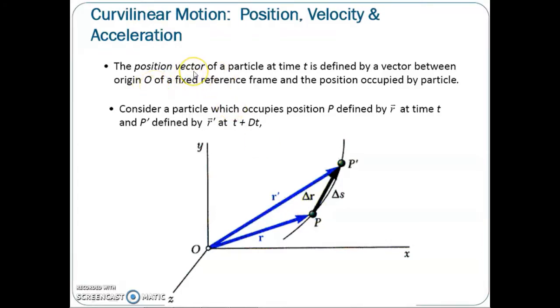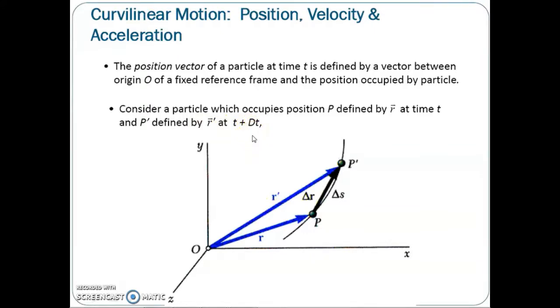So the position vector is defined, for any particle at time t, as the vector between the origin O of a fixed reference frame and the position occupied by that particle. Now consider the vector r prime, defining the position P prime occupied by the same particle at a later time t plus delta t.